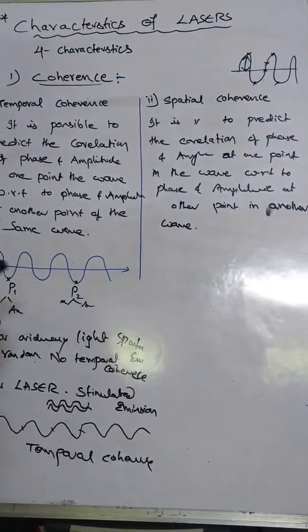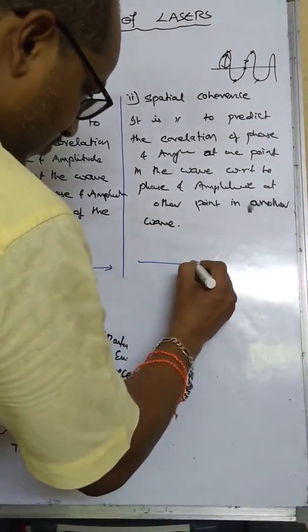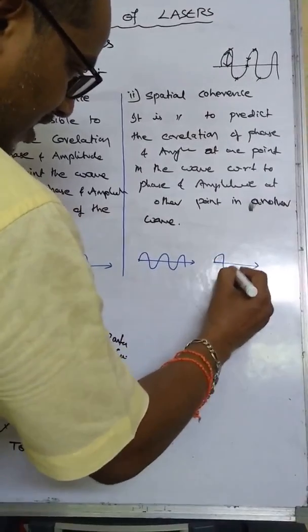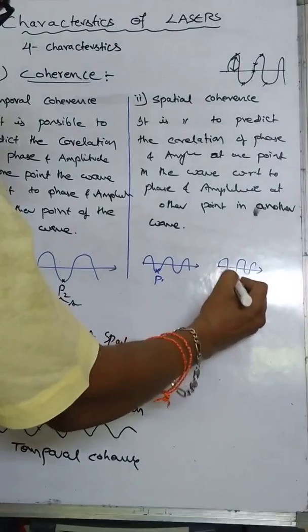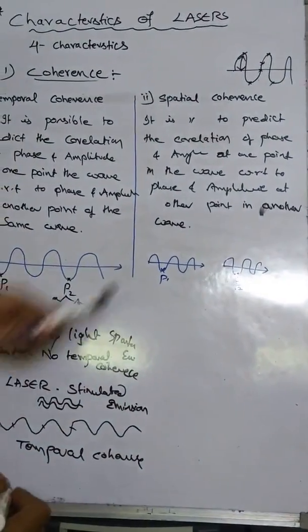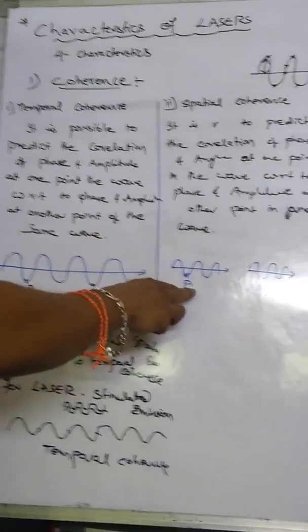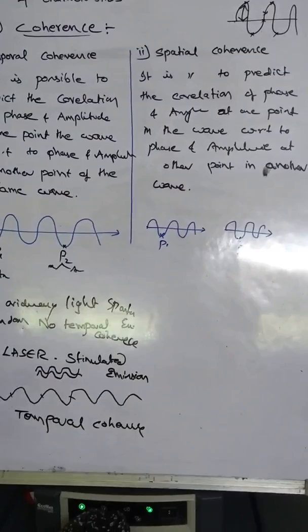So let me go for the diagram. Now the spatial coherence will be like this. For example, this is a wave, and say this is also another wave. There will be a phase at P1 and a phase at P2, and in this situation the two points P1 and P2 are in phase, and they obey spatial coherence.